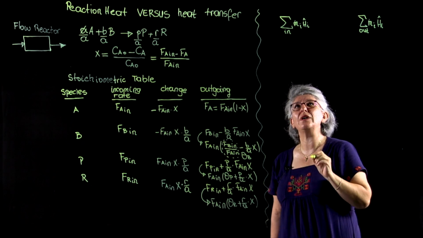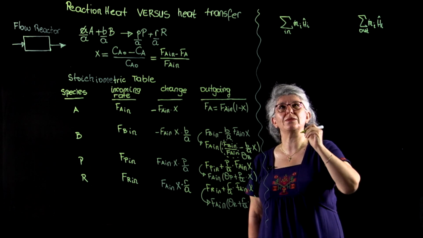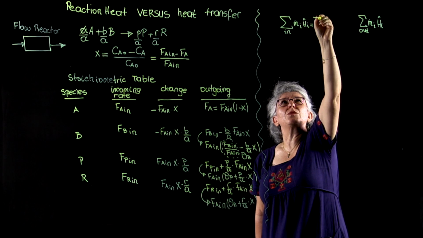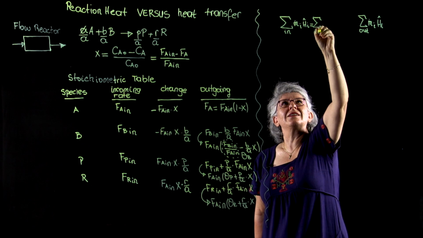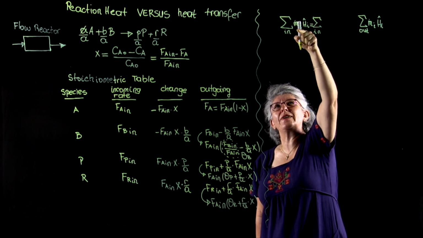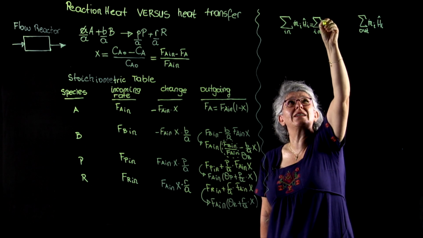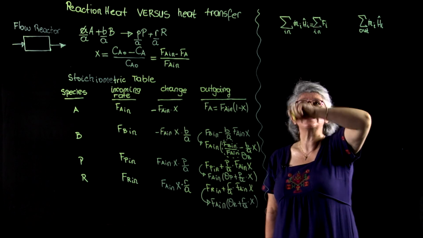Now what I will do, I will convert them to their corresponding mole basis equivalents. In order to do that, I have to do a little trick. Instead of mass flow rate, I will divide it by its molecular weight, and it will immediately become Fi, molar flux of the incoming stream.